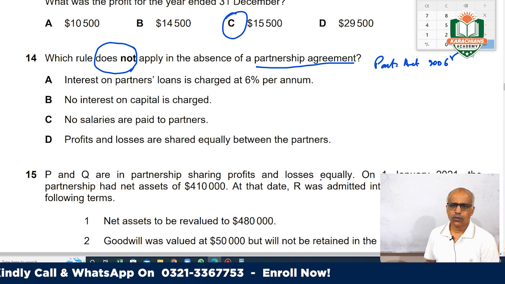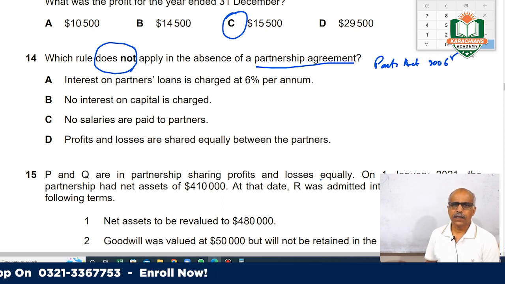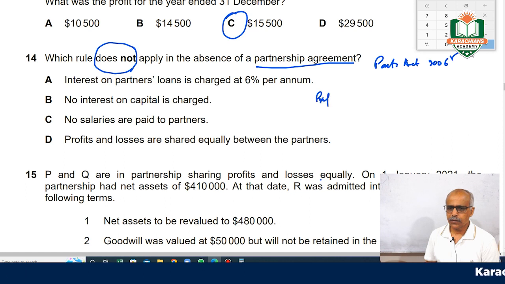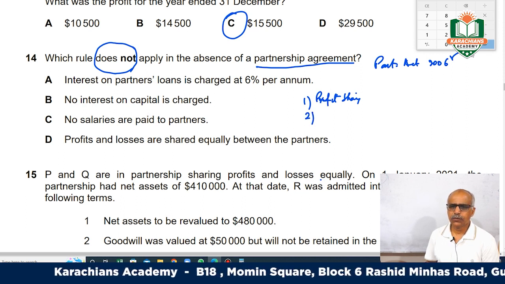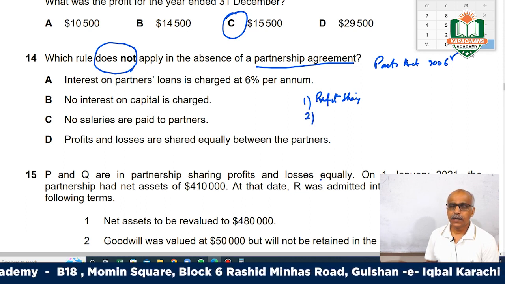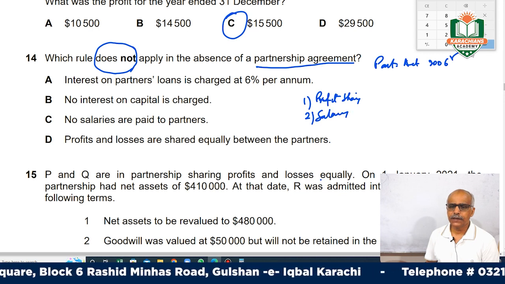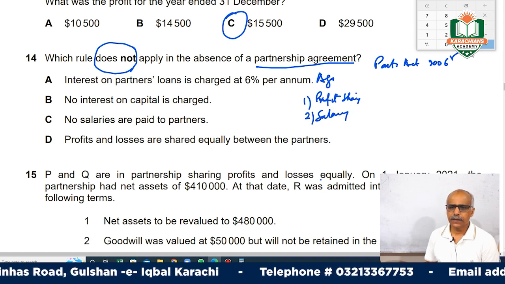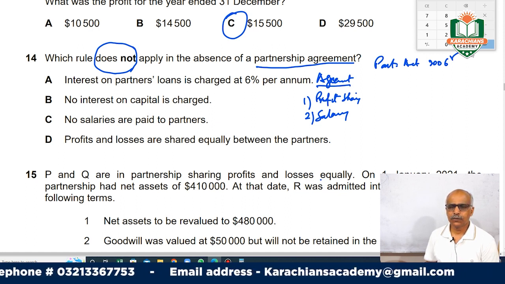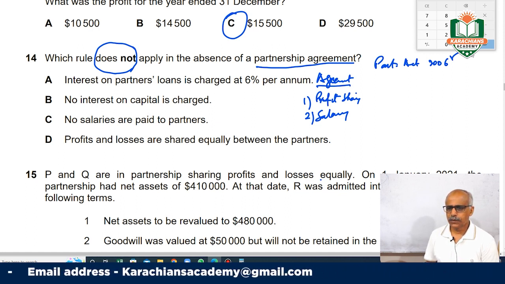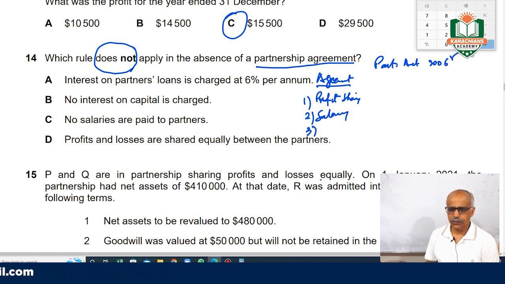Normally in a partnership agreement, you have number one, profit sharing. Number two, any salary in the agreement. In the agreement you have to agree on profit sharing and salary to any partner.